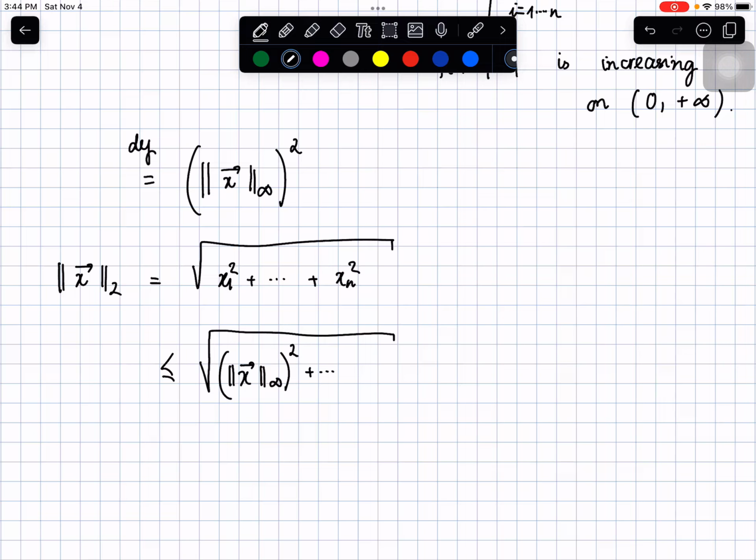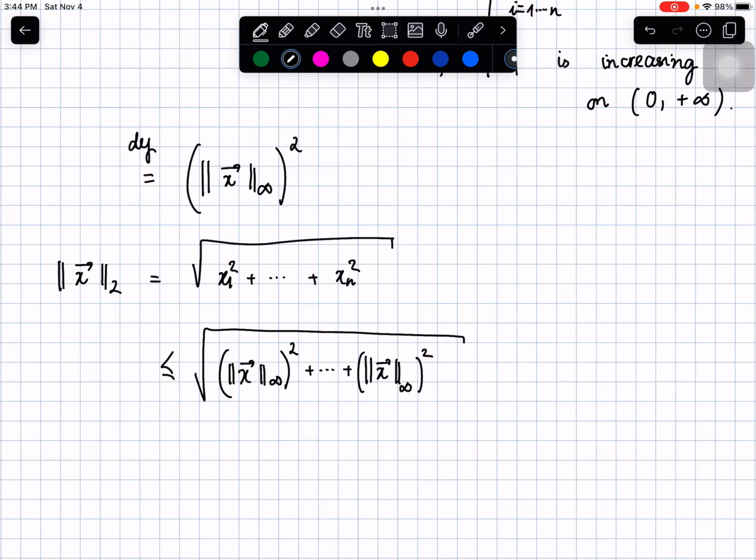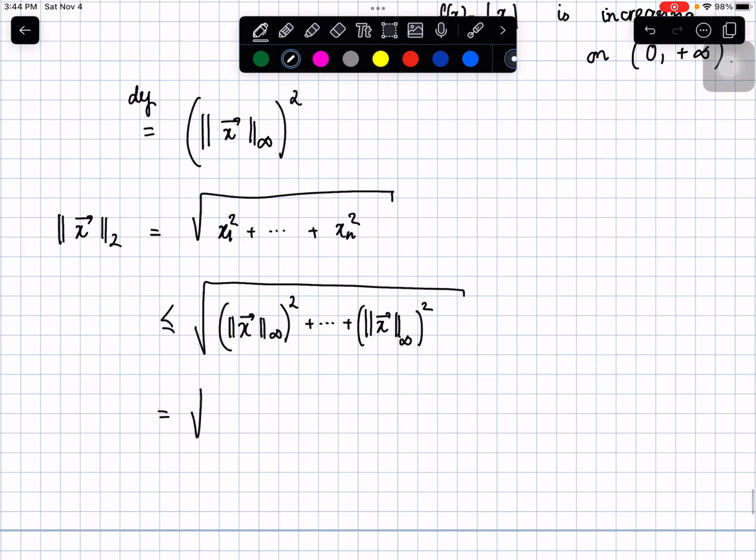And we do it for all xi's. And this gives the square root of n times norm infinity of x squared.